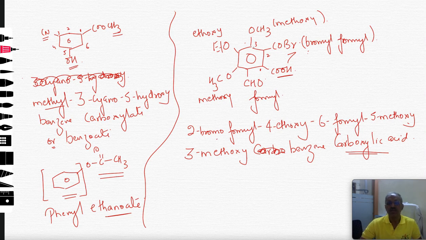2-bromoformyl, 4-ethoxy, 6-formyl, 5-methoxy, 1, 2, 3, 4, 5, 5-methoxy and 3-methoxy, or you can also say 5,3-dimethoxy, benzene carboxylic acid, right?